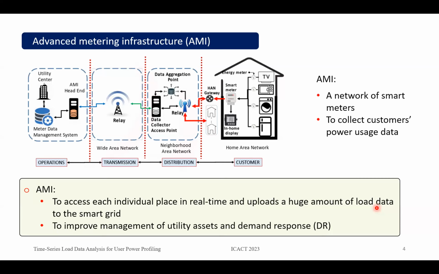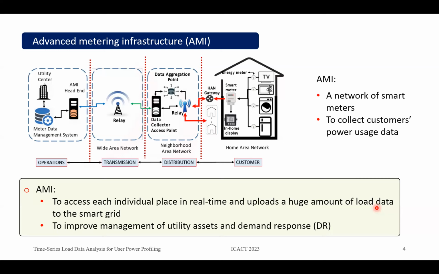AMI gives us access to each individual user's place and real-time consumption data, which is automatically uploaded to our smart grid.